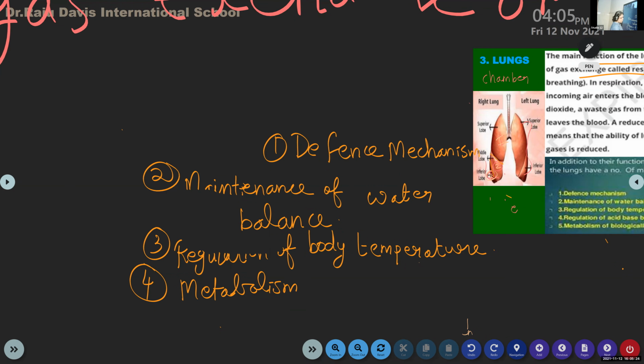So metabolism of biological active substances like bacteria. Some worms are in your body due to some food and all. You have food poison and all this. So these also are the functions of lungs.